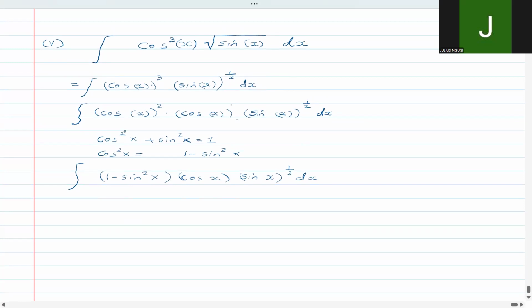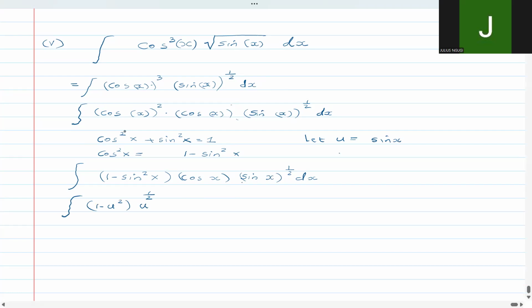And if you let u be sine of x, this will mean that we're integrating 1 minus u squared, cosine of x. Sine of x will be u to the power of a half, cosine of x.